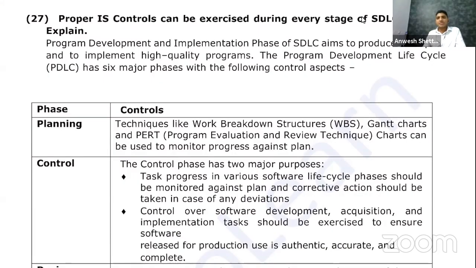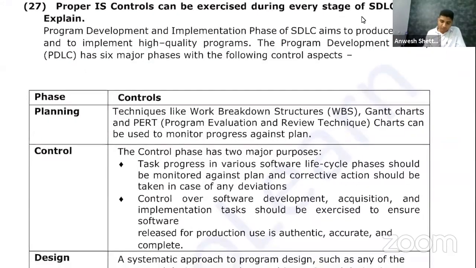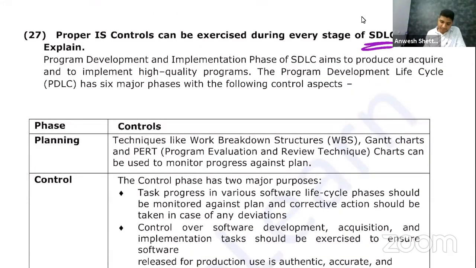Proper EIS controls can be exercised during every stage of the SDLC process. Now, what is SDLC? SDLC means software development life cycle, or they can also call it PDLC, that is program development life cycle.